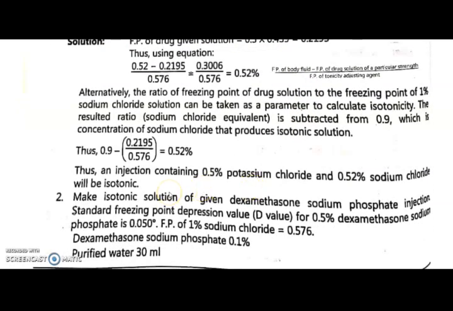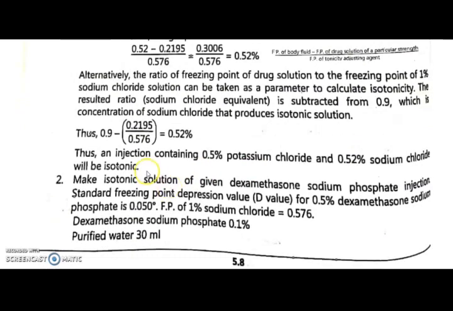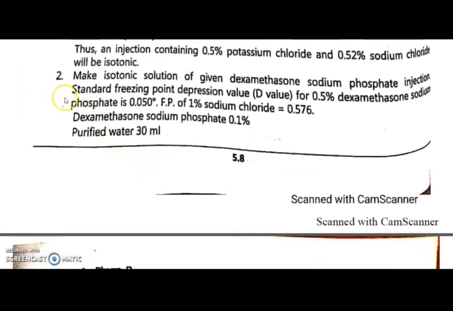We can understand this method better by taking one more example. In this second example, we have to make an isotonic solution of the given dexamethasone sodium phosphate injection. The standard freezing point depression value for 0.5% weight by volume dexamethasone sodium phosphate is 0.05 degrees Celsius.